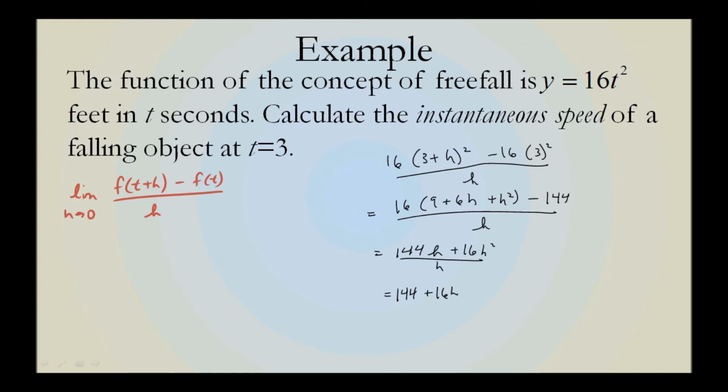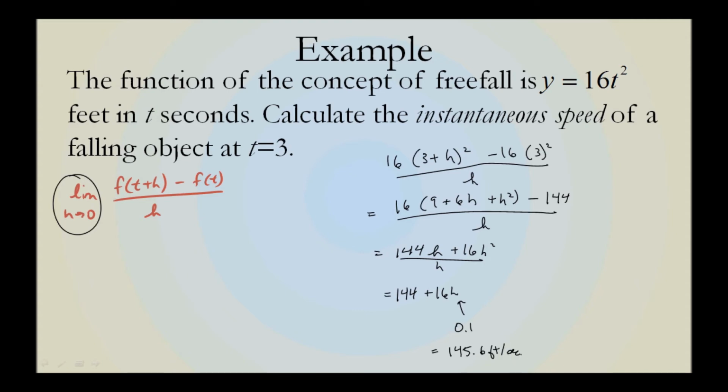So, by utilizing smaller and smaller h values, which is really what this is saying, the limit as h approaches 0, so infinitely small values, increasingly small values. When the tolerance of the h value, when h is, say, 0.1, the instantaneous speed equals 145.6 feet per second.